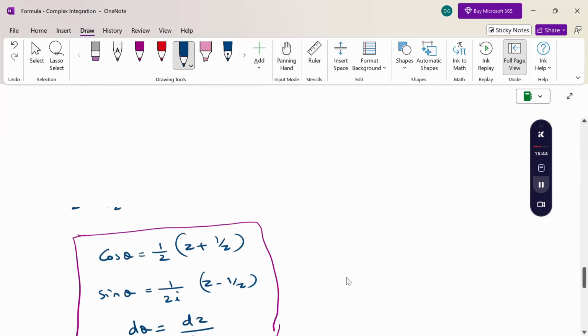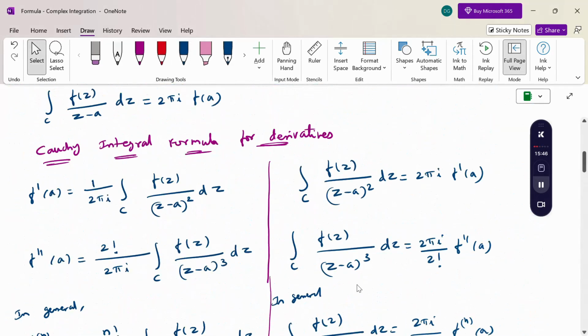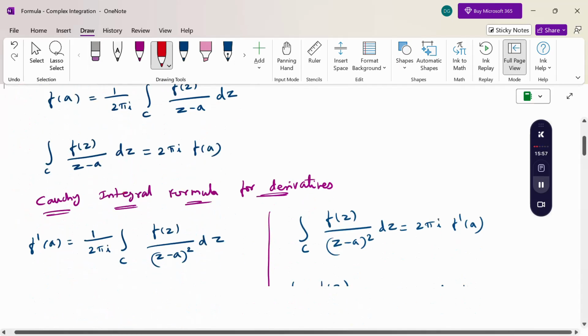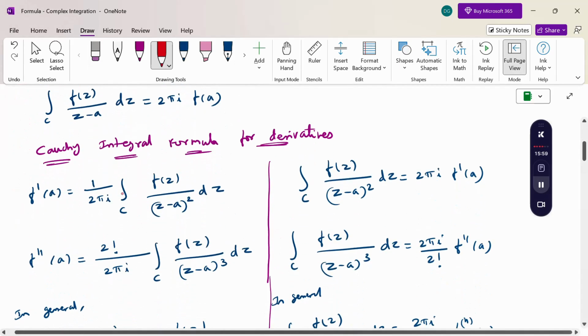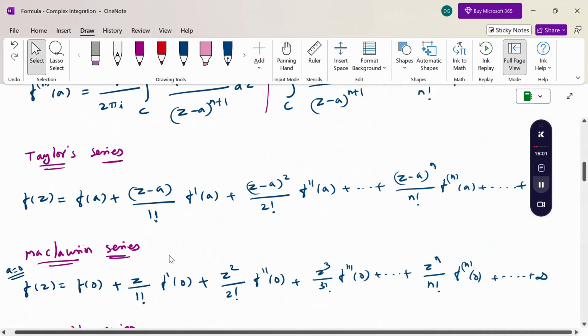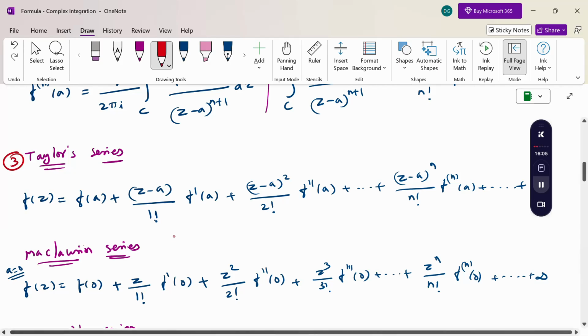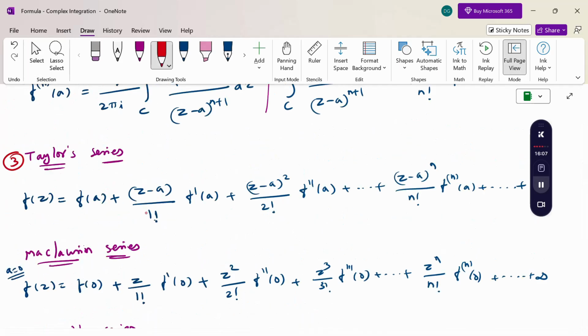So now see, these are the topics to cover. One is the Cauchy integral theorem, Cauchy integral formula, then the derivative and Taylor expansion, Laurent's expansion.